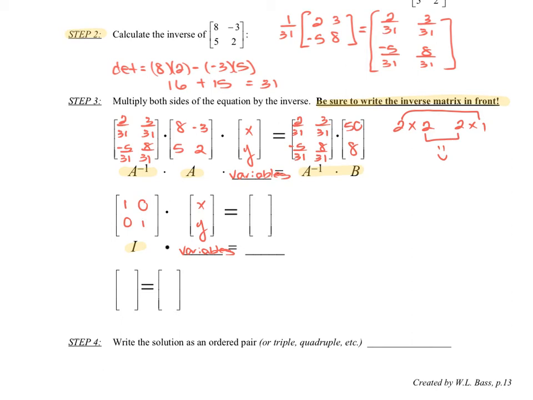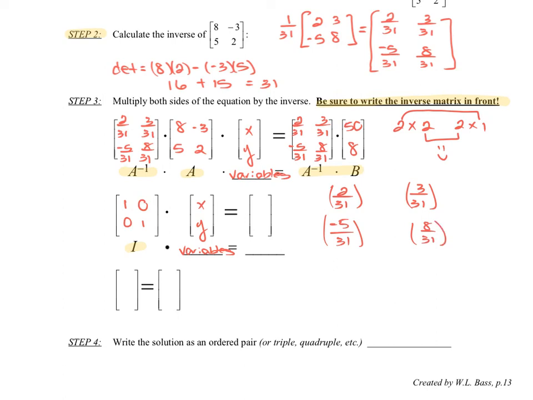So what I'm going to do is I'm going to have my 2 over 31. I always like to write these out. So I have my 2 over 31 and my 3 over 31. And I can go ahead and write my negative 5 over 31 and my 8 over 31.